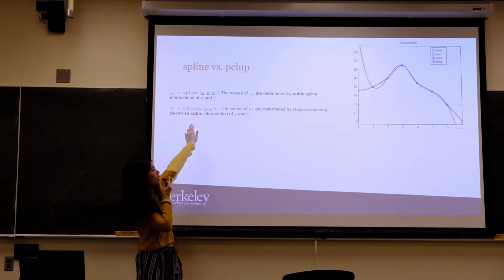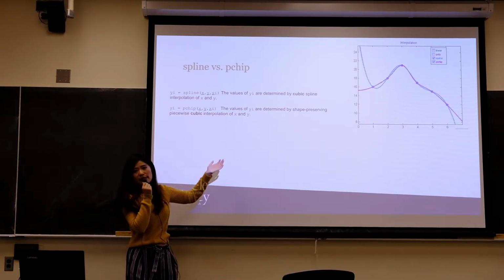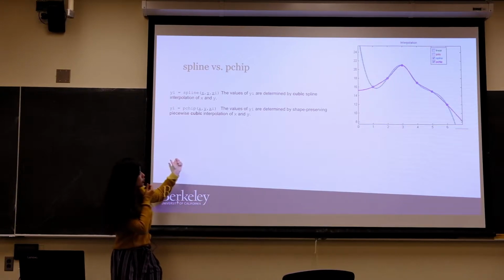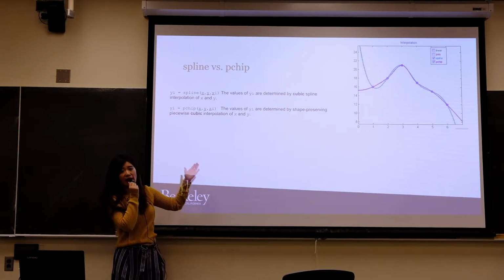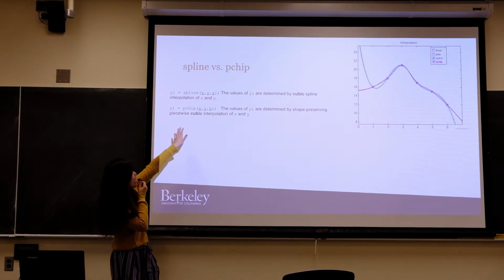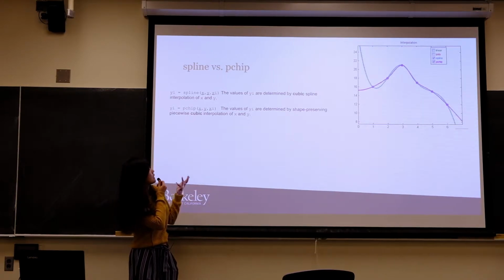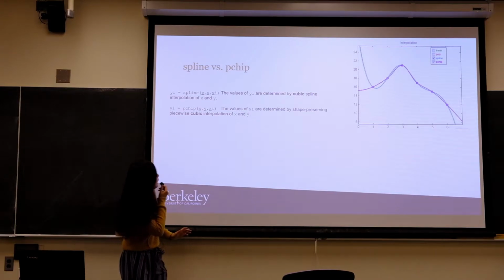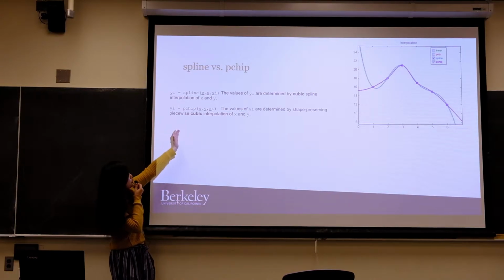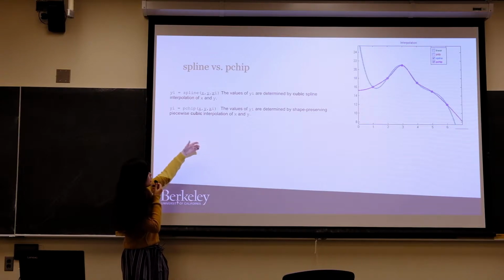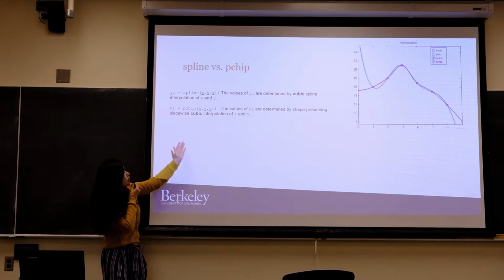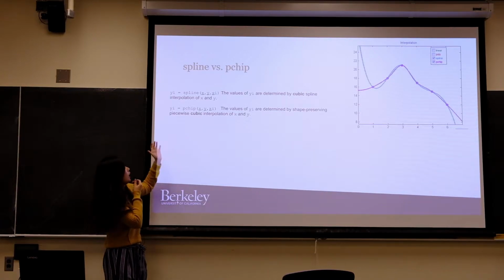yi equals spline(x, y, xi) is the syntax. The values of yi are determined by cubic spline interpolation of x and y, which means the x, y are the known data, and xi are the x coordinates. We want to use the spline method to estimate the yi. And yi equals pchip(x, y, xi) means we want to use the shape-preserving piecewise cubic interpolation of x and y.